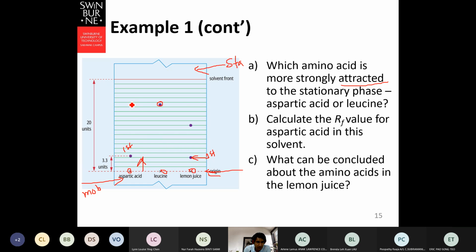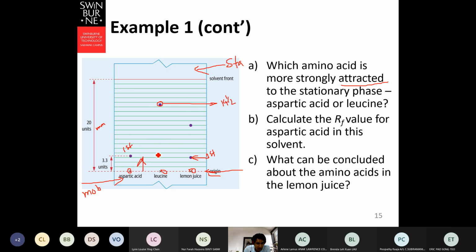It moves up. It goes up 20 units. 20 units can be millimeters, so let's say 20 millimeters. The leucine goes up to 1, 2, 3, 4, 5, 6, 7, 8, 9, 10, 11, 12, 13, 14, 14.5, something like that.